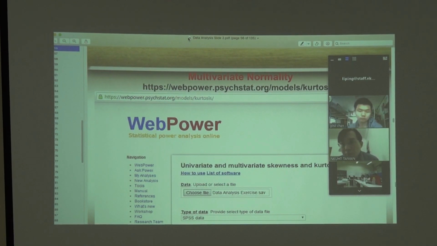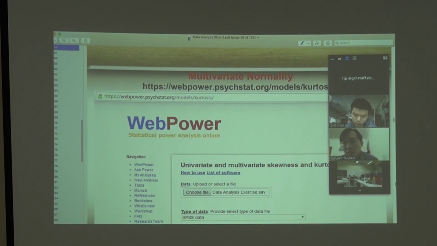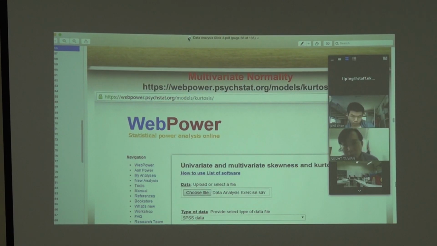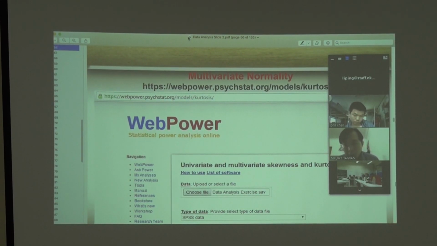But when you have a model more than two variables, and these variables are interacting with each other, okay, then you cannot use univariate anymore. You cannot use bivariate. Bi is for two variables. If you have more than two variables, you have to use multivariate analysis.